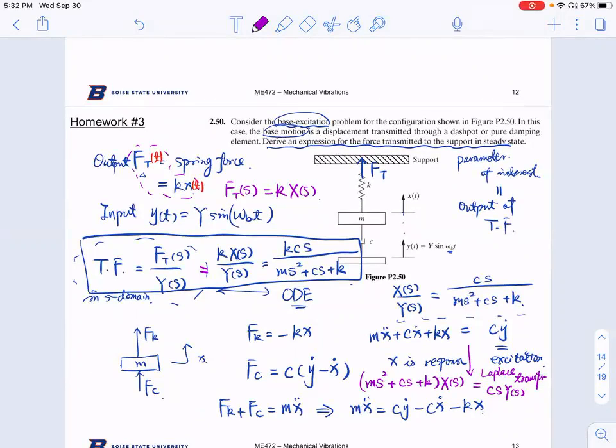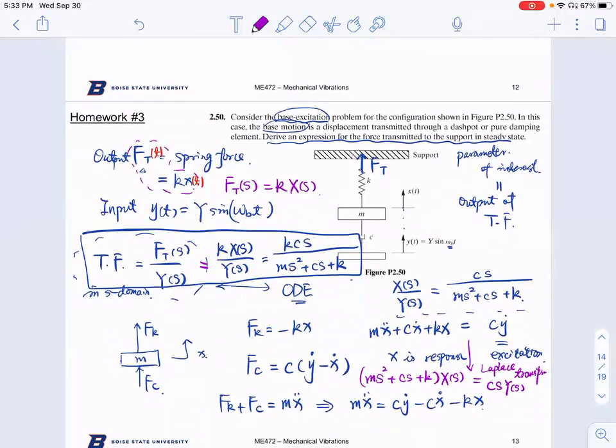By reading that problem, you first have to identify what is the input, and then you also need to identify which steady state response we want to calculate, and then pick that as your output.